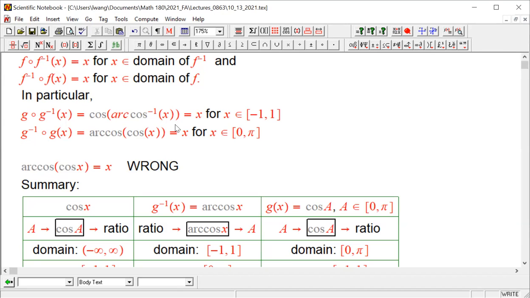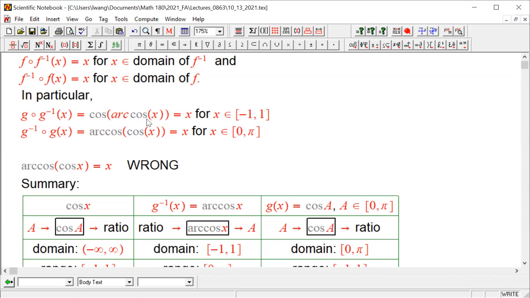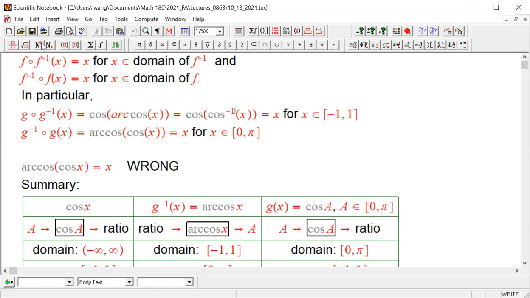Oh, sorry, I need to remove that. Okay, my bad. Another version of this property, we'll be using the other notation. The other notation, of course, is cosine inverse. So that's the other version, and then this will be cosine inverse.